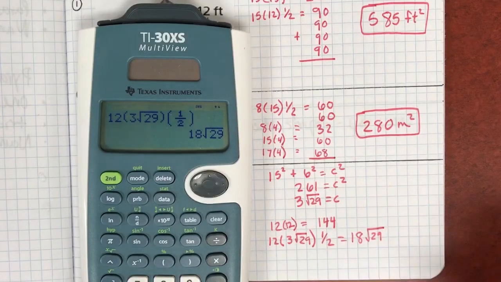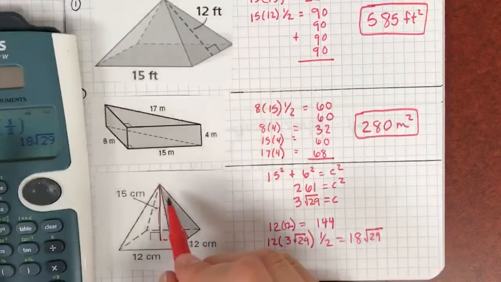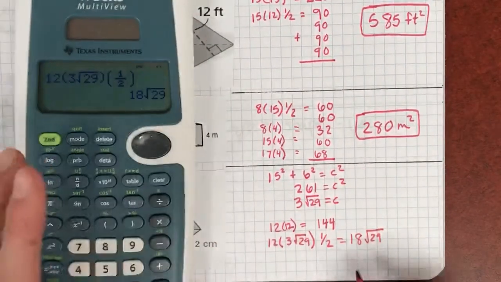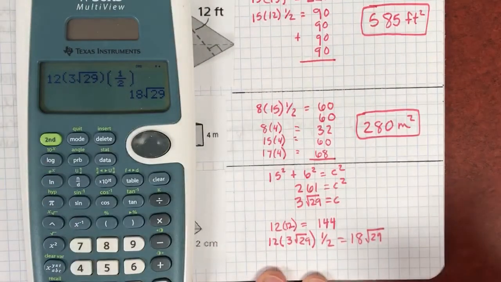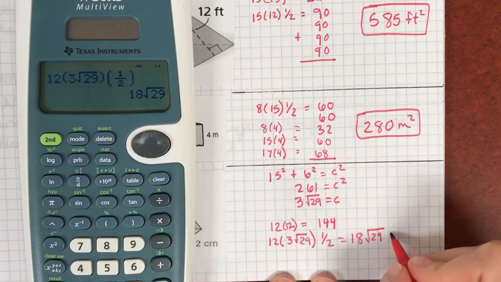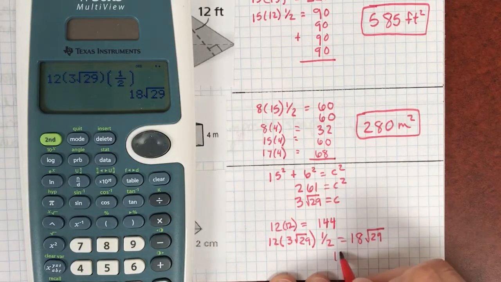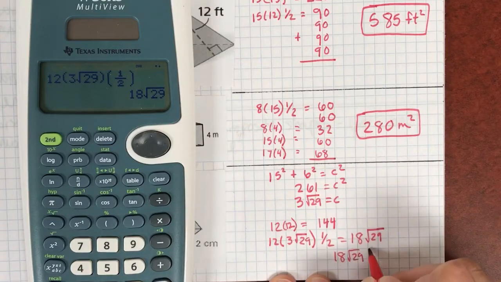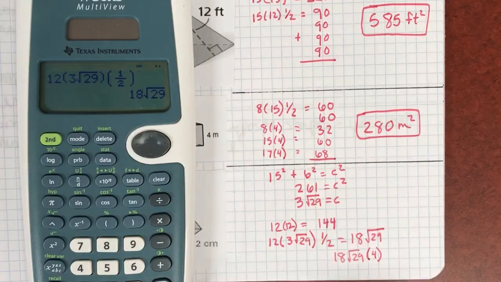So it's like we have that square root 18 times. Now that's for one triangle. We need that 3 other times. So we can take this, 18 square roots of 29 times 4, because we want all 4 sides.